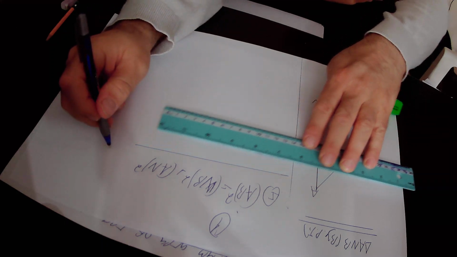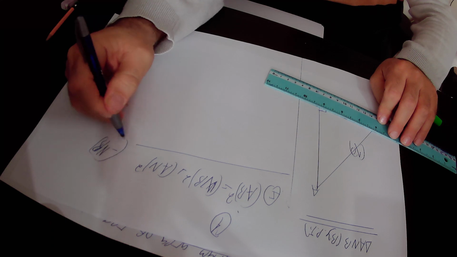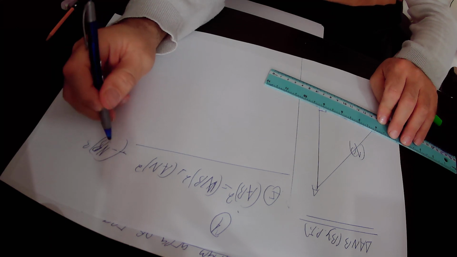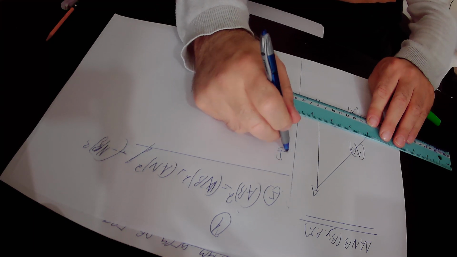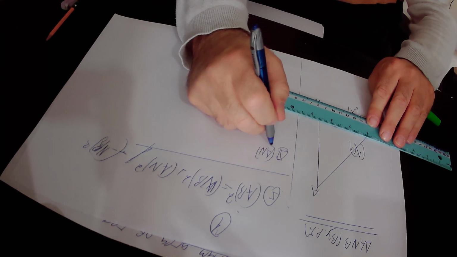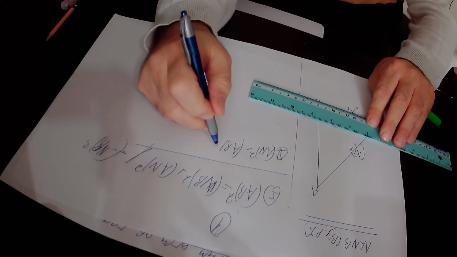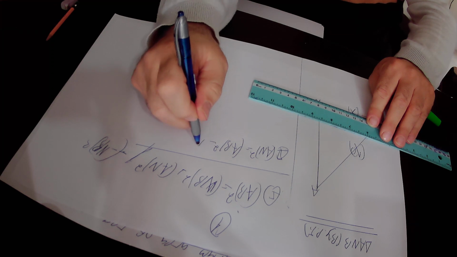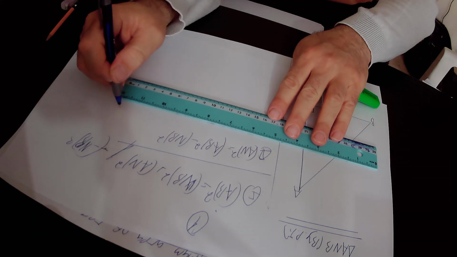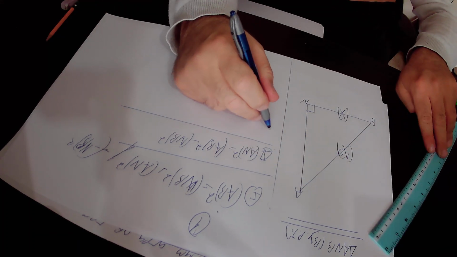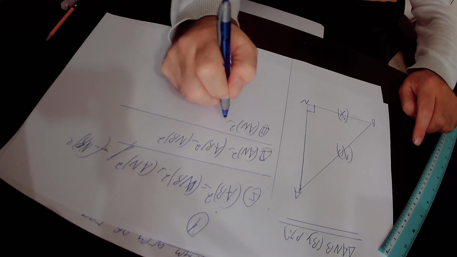Here we subtract NB squared from equation 1, and we get that AN squared equals AB squared minus NB squared. So according to equation 1, AN squared equals AB squared.